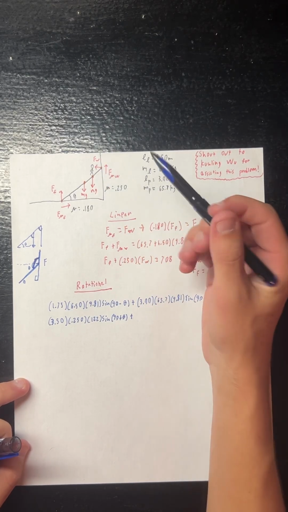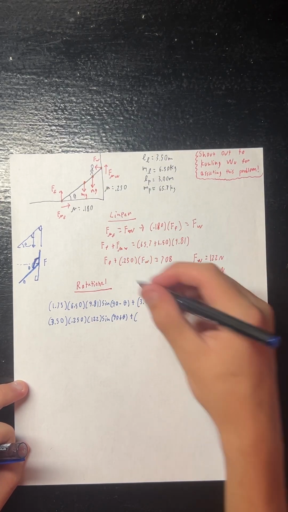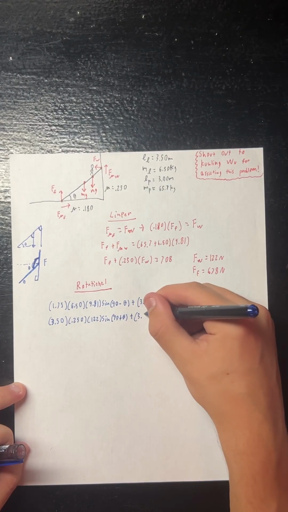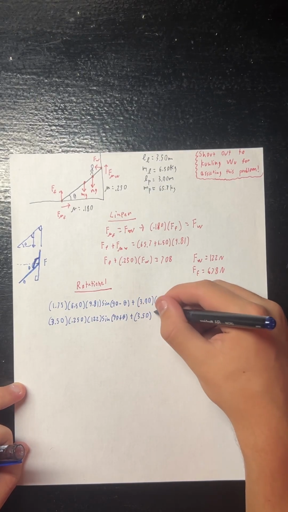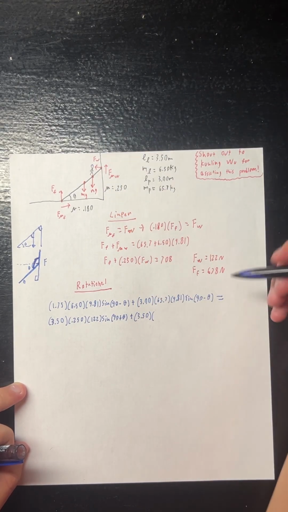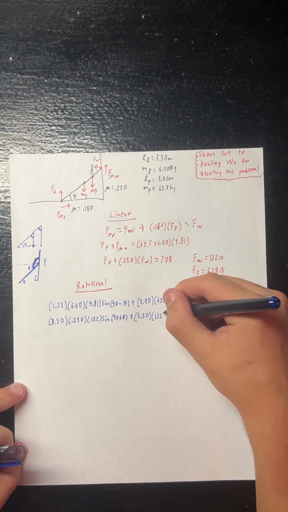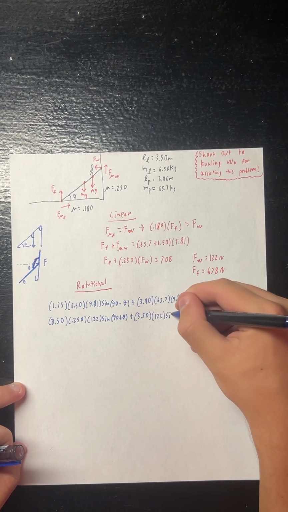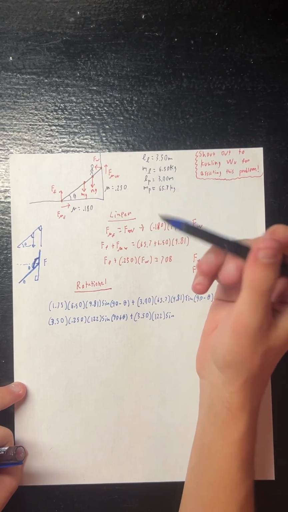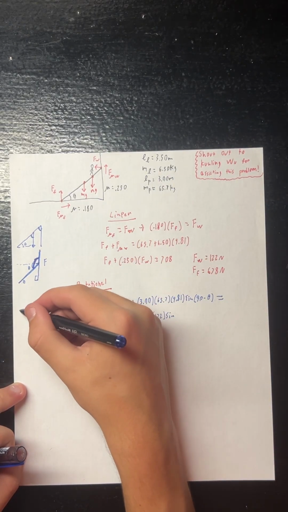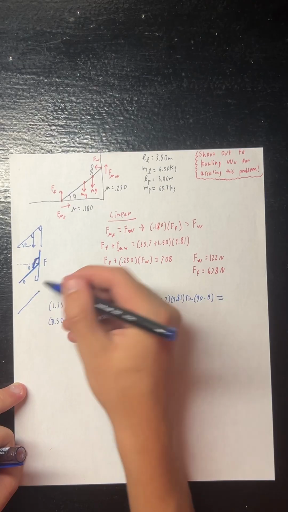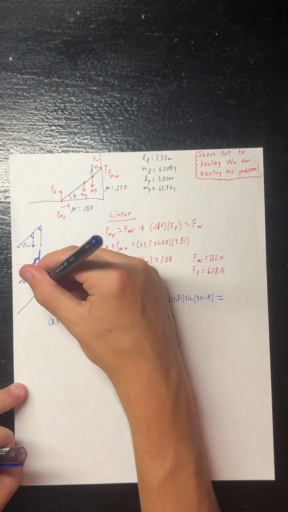That is the force of the wall. So what is that? It is, once again, R, which is the full length, 3.50, times the force on the wall, which we solved for, 122. And that is going to be sine of theta. Well, what is theta? Let's blow it up again. We have our R, and it looks like this.